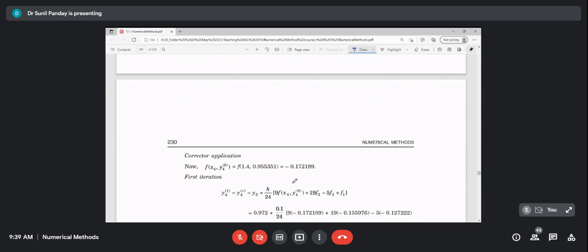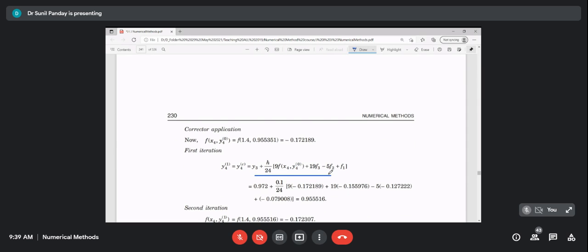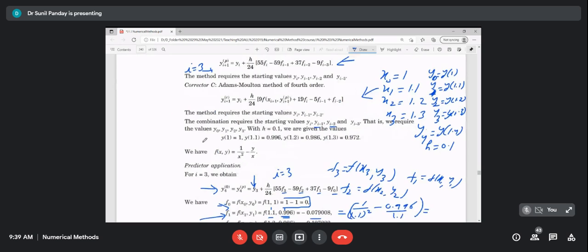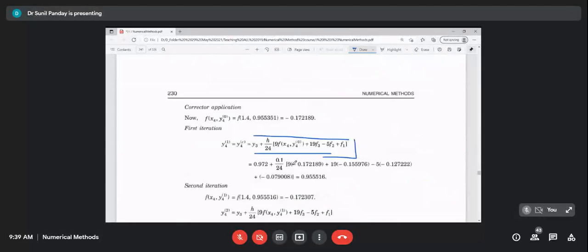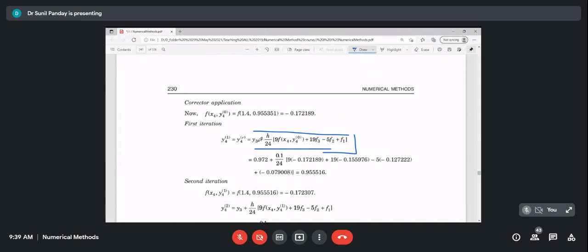To correct this value, you use your corrector formula. The corrector formula is this one, the Adams-Moulton formula. Again, in this Adams-Moulton formula, you substitute i equal to 3. So you will have y4 corrected equals y3 plus h upon 24 times 9 f4, where f4 is in the form f of x4 and y4 predictor value.